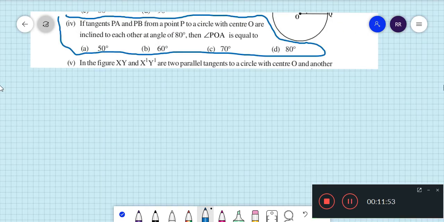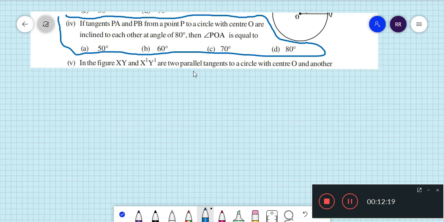Hello, children. See the fourth question. If tangents PA and PB from a point P to a circle with center O are inclined to each other at an angle of 80 degrees, then angle POA is equal to? That means there are two tangents, those are PA and PB.